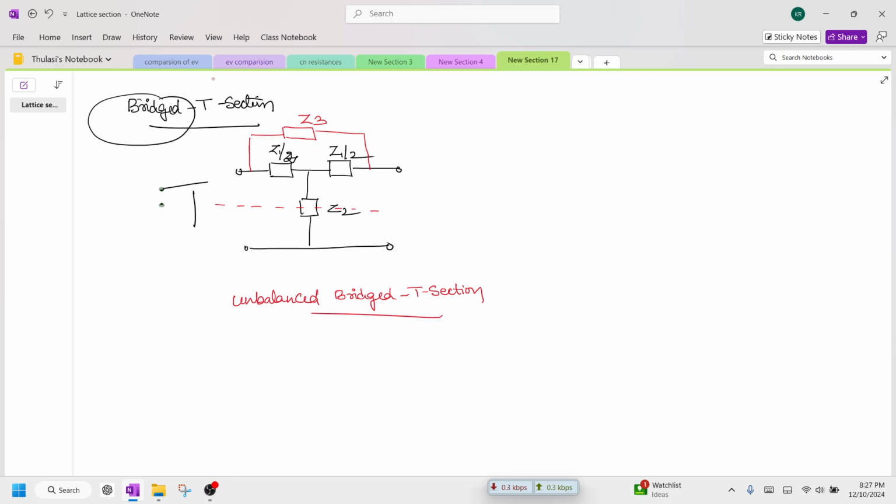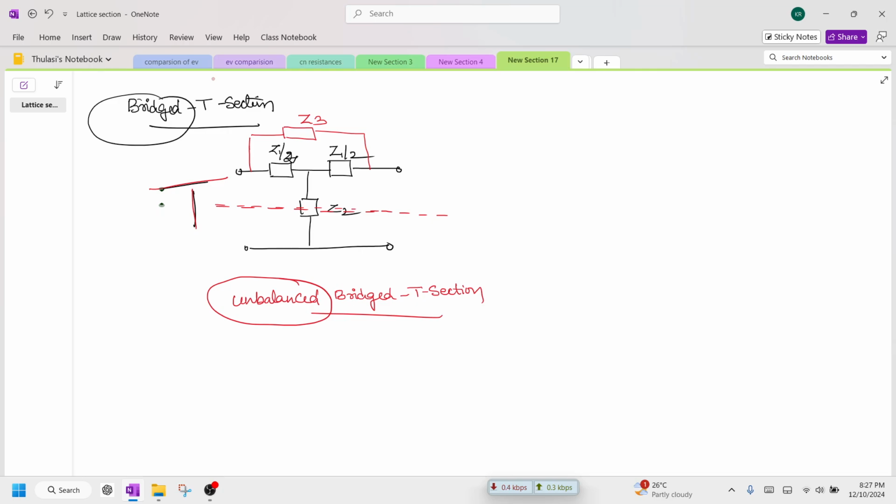This is basically a T section but unbalanced. What is the meaning of balance? The upper half value is not equal to the bottom half value. Therefore, this is called an unbalanced bridged T section.